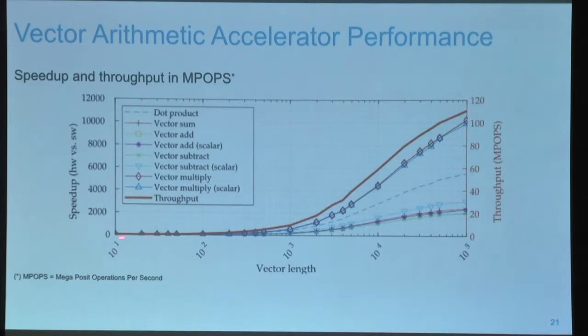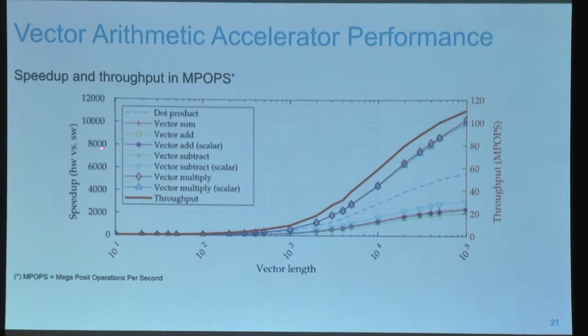You can see initially we pay a lot of overhead to boot up, to initialize the FPGA registers and transfer the data, especially when the vector lengths are small. But at some point that latency is not very important anymore in the total time, and then we start to get very good speedup.